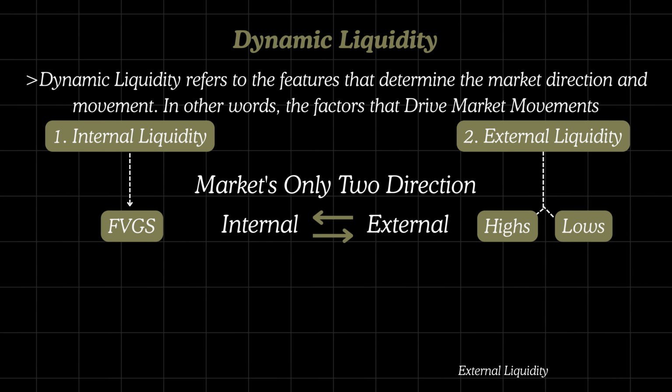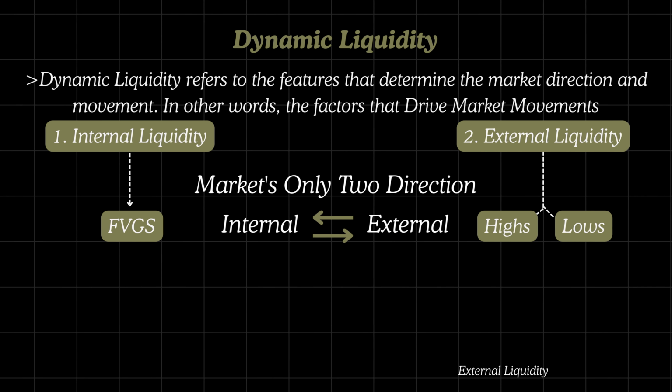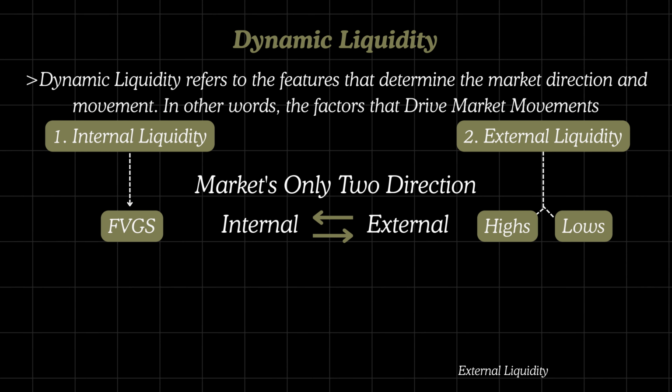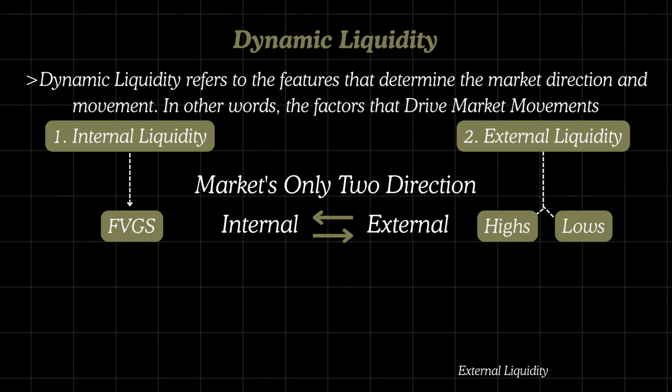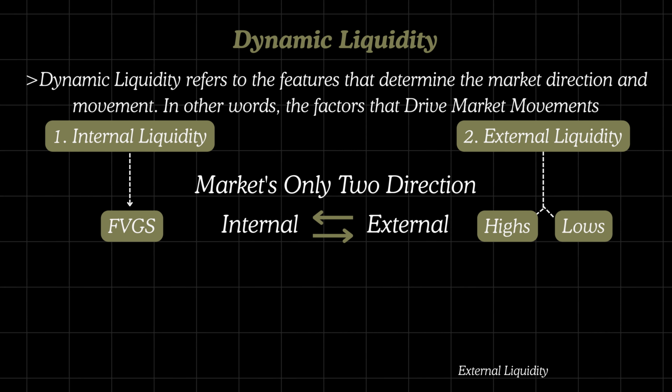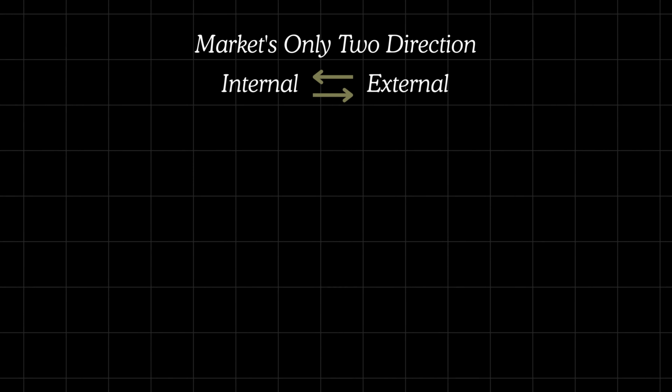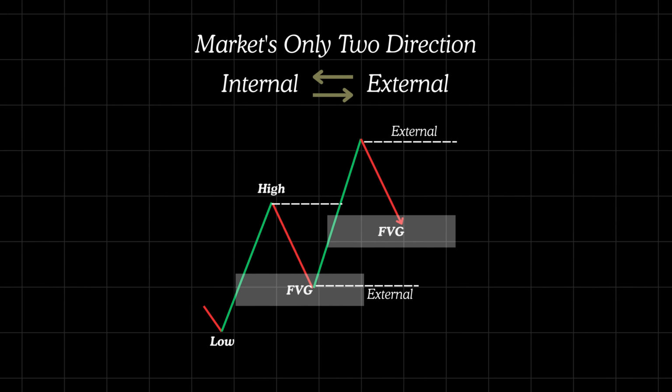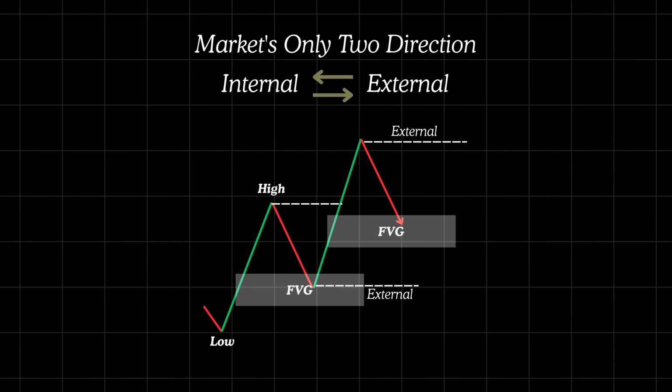Market price is always shifting between internal and external liquidity. You can think of it as a continuous cycle where price moves either from internal to external liquidity or from external back to internal liquidity. If we examine the schematic diagram, it illustrates a rally wave moving upward, sweeping the external liquidity accumulated above the previous high.